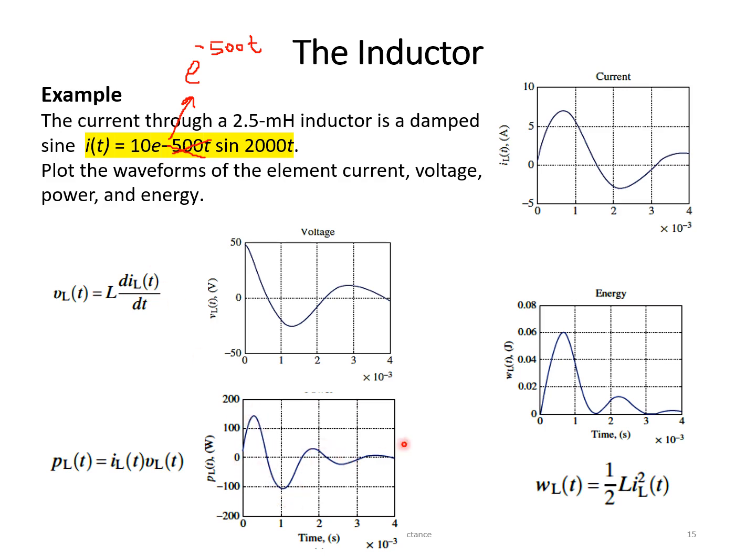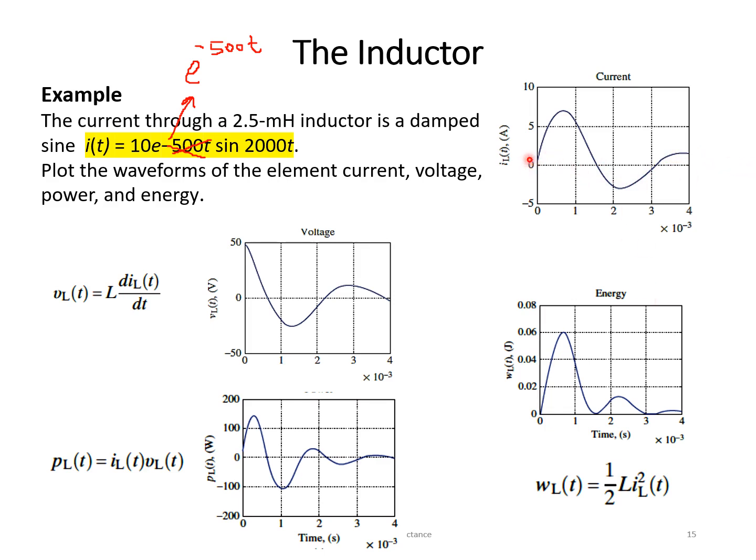You must have this, and this is the energy stored in the inductor. It is half L i square, as this is the current, and i square. As long as the current is positive, the inductor is storing energy, and when the current is negative, the inductor is delivering energy back to the system, and then again storing energy, delivering energy, storing until it becomes zero.